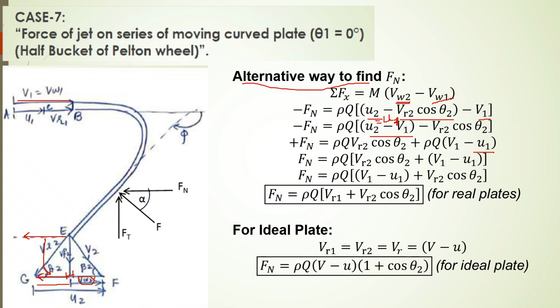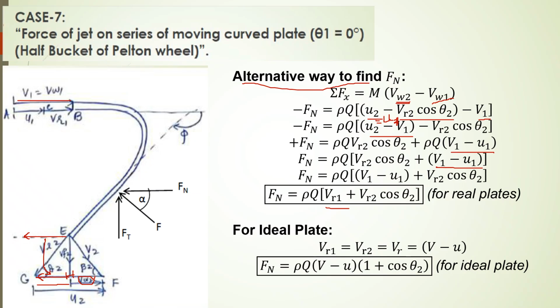So it would be V1 minus U1, and we have this relationship here: V1 minus U1 is equal to VR1. We know this relationship already. So VR1 plus VR2 cos of theta 2. This is the same expression we derived earlier, so we can do it in relative velocity terms.